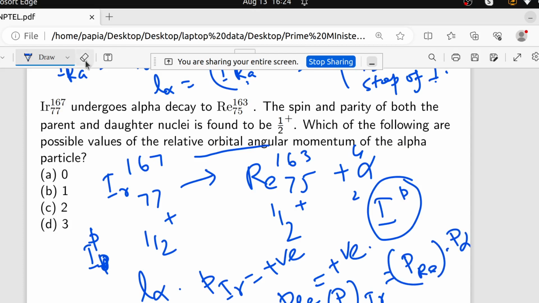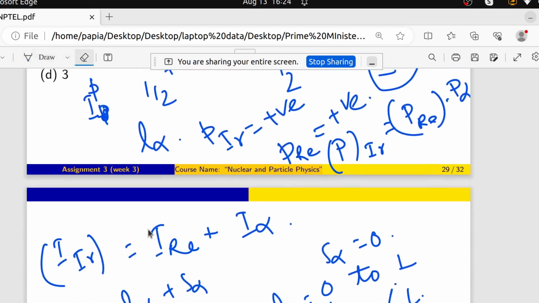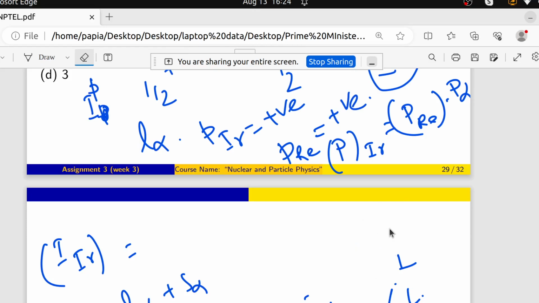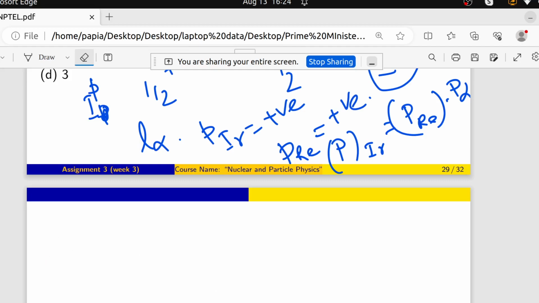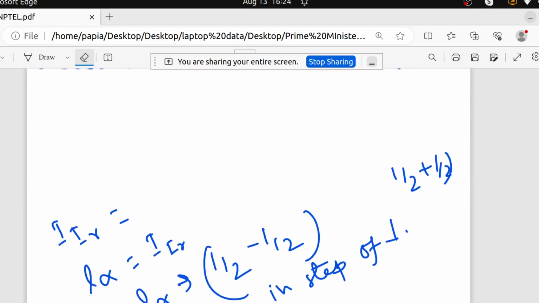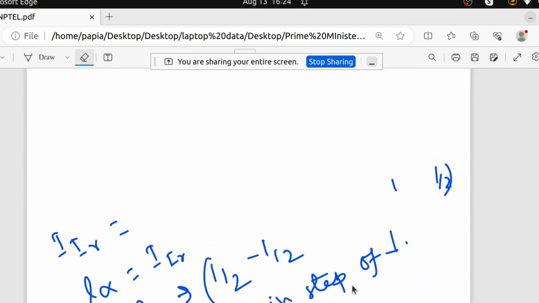Okay, let me erase all these things. So what was the value of L here? L value was 0 and 1.